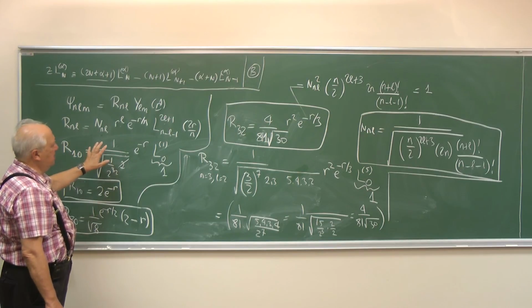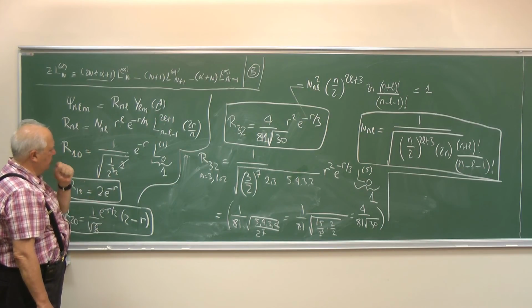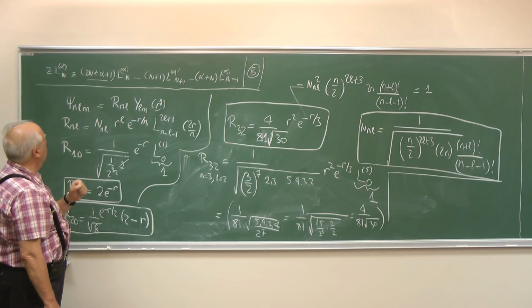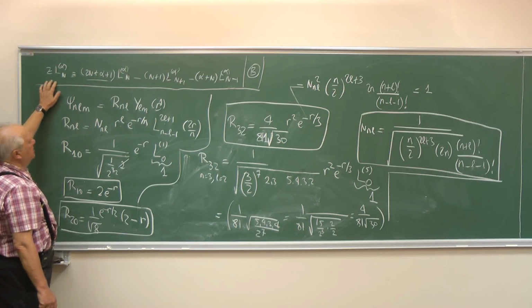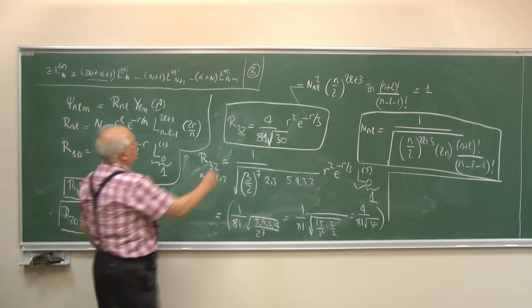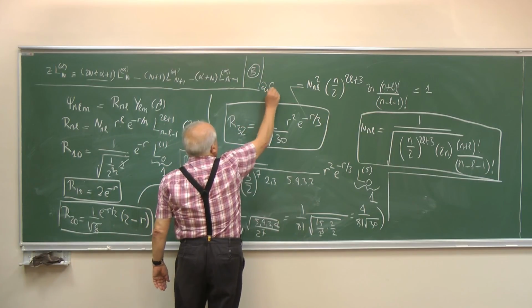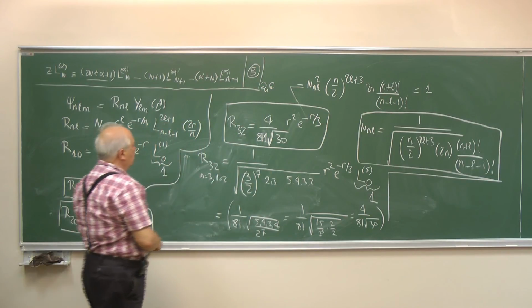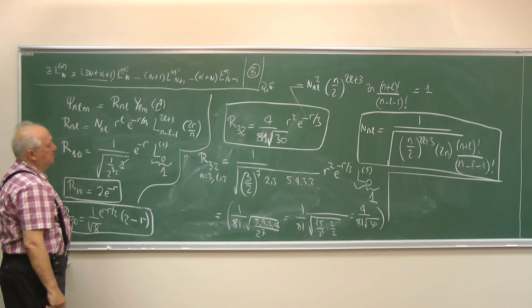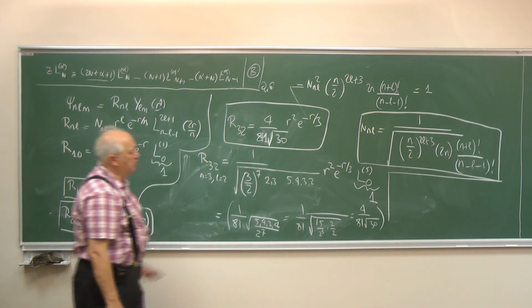It did not obey the orthogonality property of the Laguerre polynomial directly. However, with the use of the recurrence relation that we obtained, we could take the integral and normalize the wave function with this normalization coefficient.